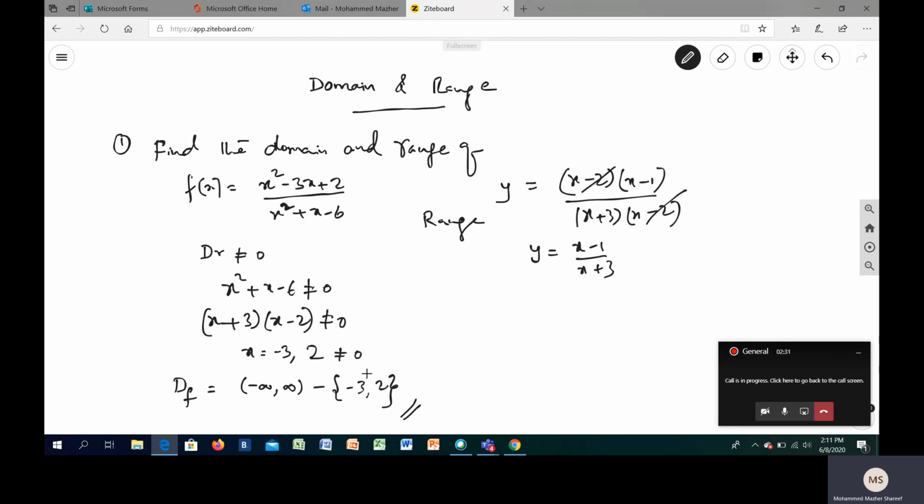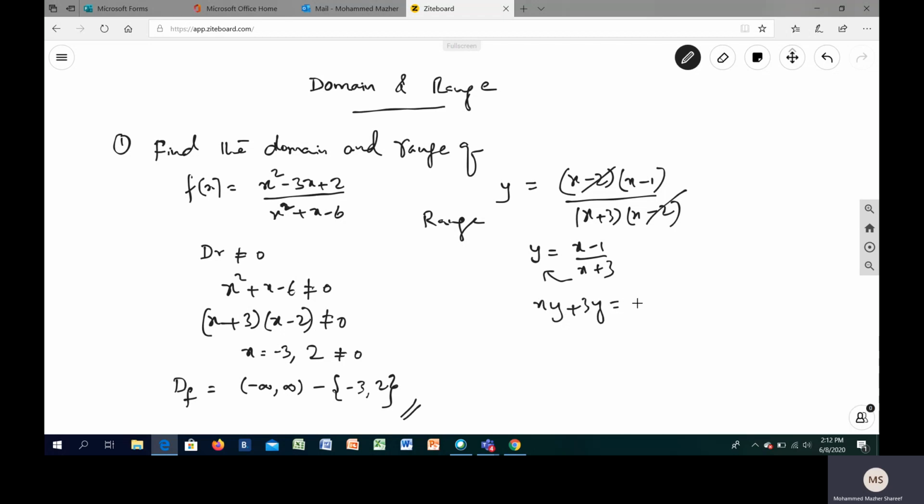Remember, we did a question earlier. Just as certain values are not defined in the domain, similarly you need to work out the values of y for which it is not defined. So now change the dependency. We have y equals this. While changing the dependency, multiplying, 3y equals x minus 1.